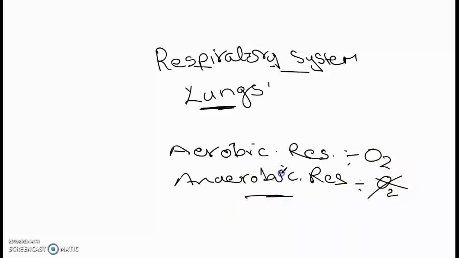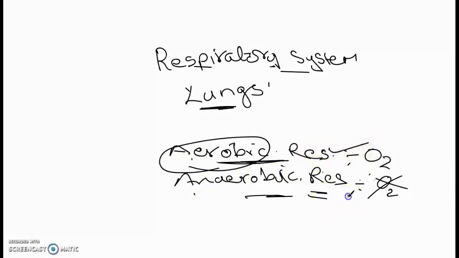This is performed in very primitive types of organisms, and in higher organisms the respiration performed is aerobic respiration. In the previous classes you have already learned about the differences between aerobic and anaerobic respiration. One major difference is the presence of oxygen and absence of oxygen.